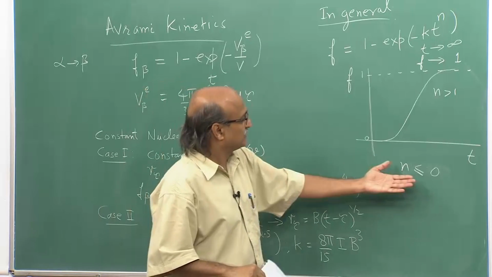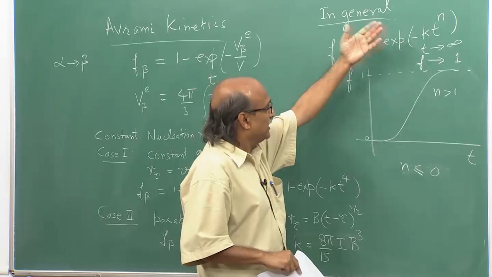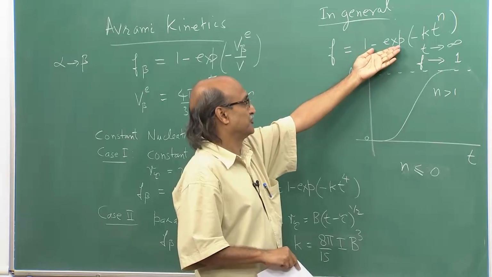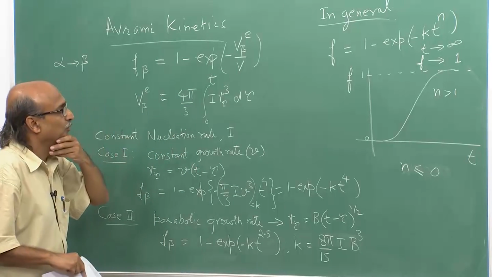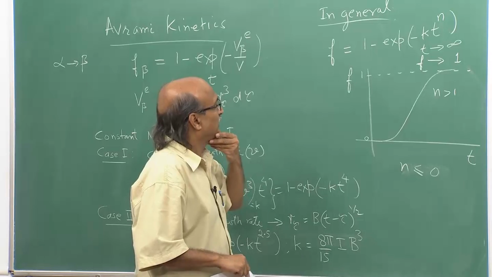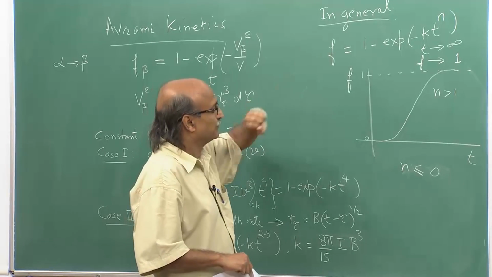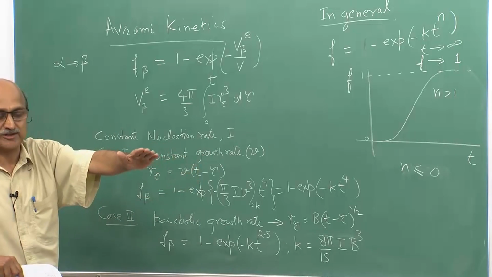If I take n less than or equal to 0, for n is equal to 0, this function would be a constant. So, it will have some constant value, which essentially appears to mean that whatever has transformed at t is equal to 0 and then it remains fixed.